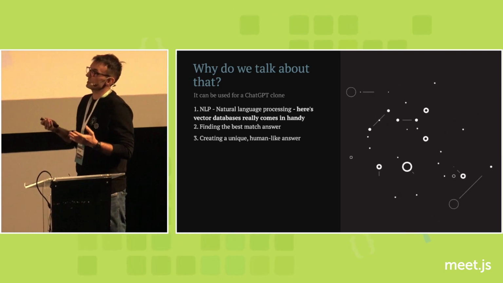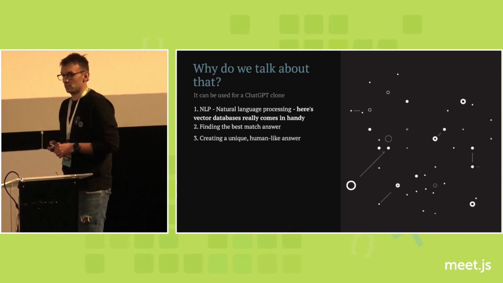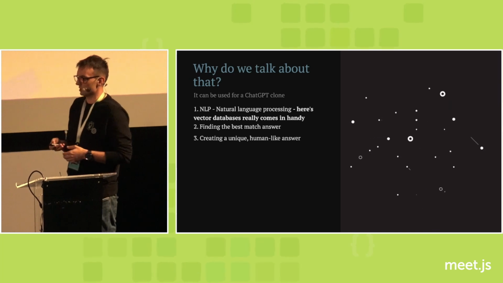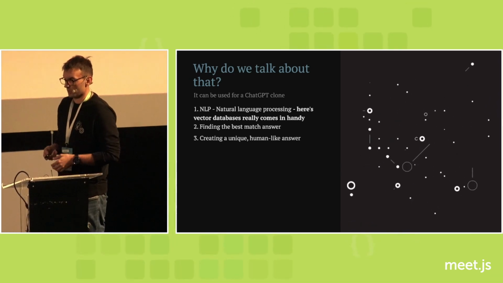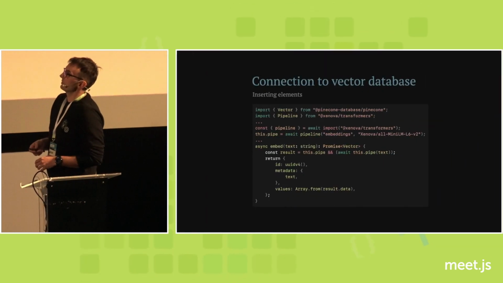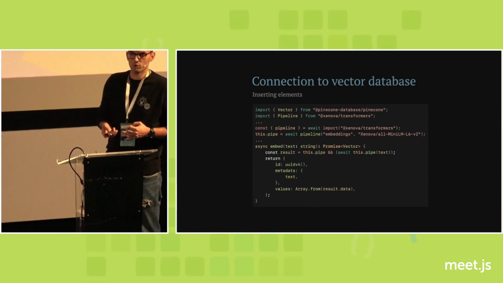So this is where, for example, vector databases really come in handy, because we can standardize, understand what our user asks us to do, and then return the correct answer. I would like to show you how you can do that using Pinecone.